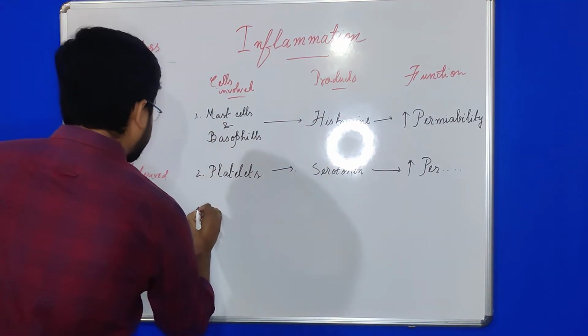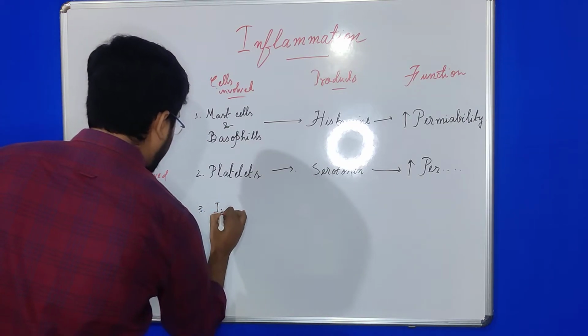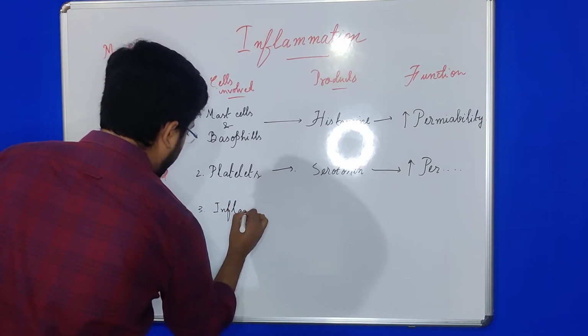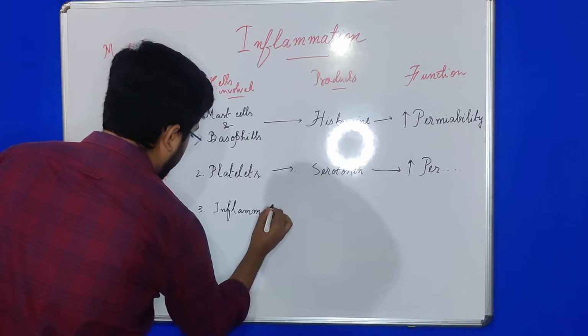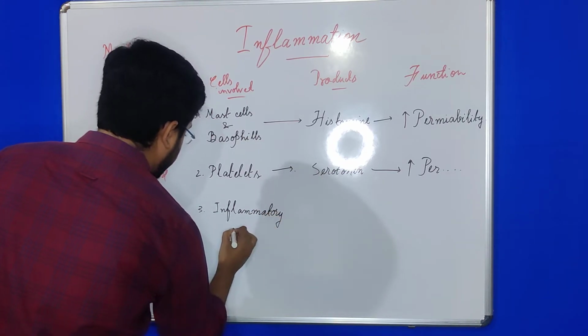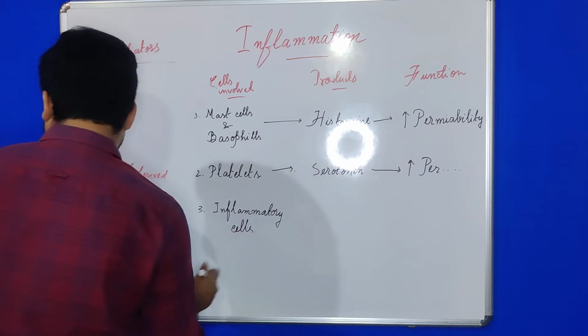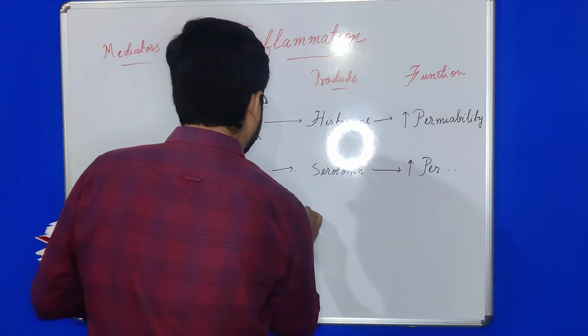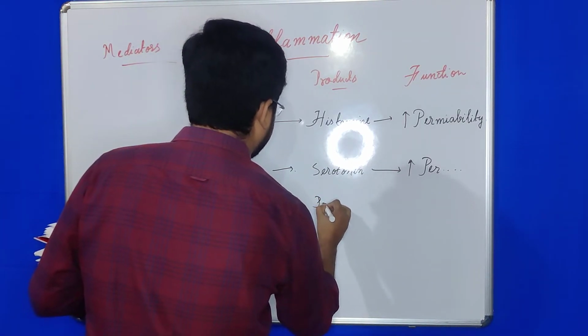Next is inflammatory cells. This produces, number one, prostaglandin.